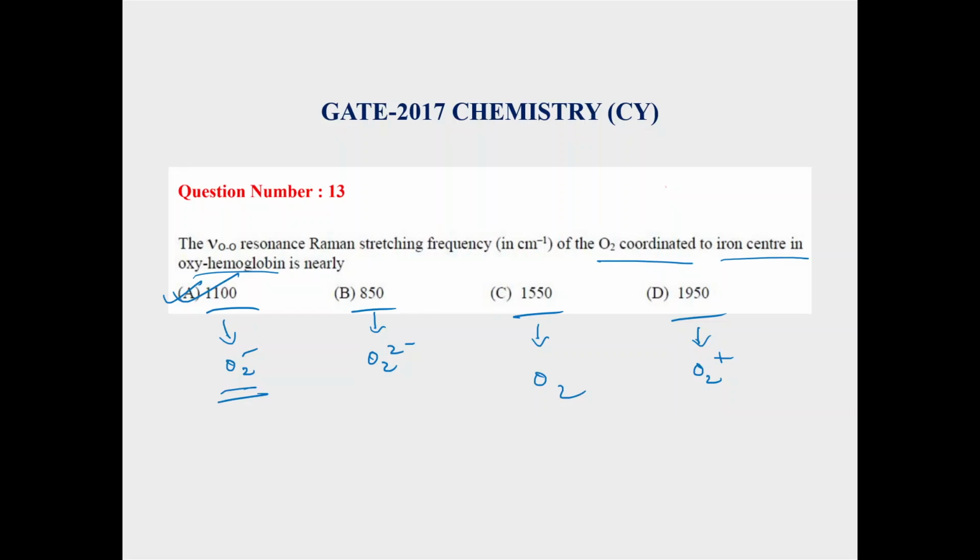If you go through all the previous year question papers, you will find that mostly the same type of metalloproteins are given in the question. If you know about those metalloenzymes and metalloproteins, you can answer the questions from bioinorganic chemistry. In every year, there will be at least one question from bioinorganic chemistry. If there are no doubts, we will move on to the next question.